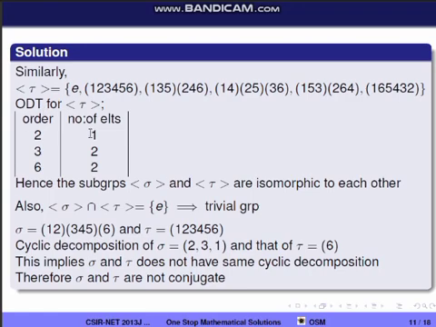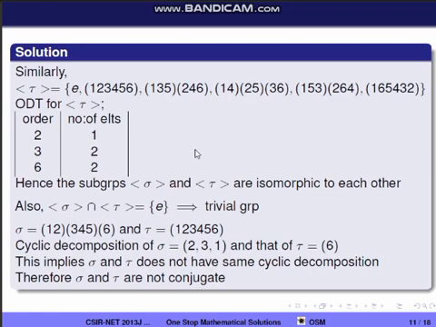When we check, it is similar to the order description table for sigma, and also the cardinality of sigma and tau is the same. So the subgroups generated by sigma and tau are isomorphic to each other.